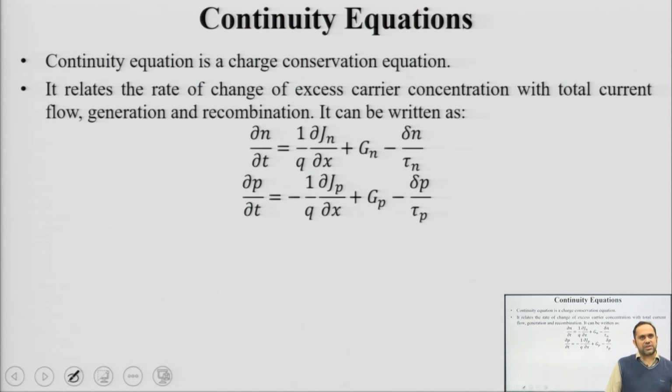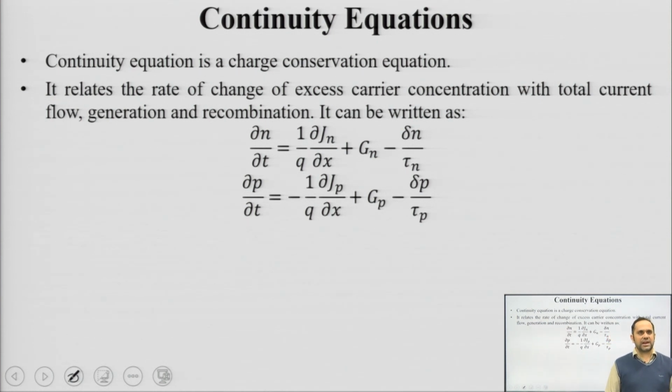The rate at which these excess carriers are generated is equal to how much flux enters a semiconductor minus how much flux of charge exits this semiconductor, plus any generation minus any recombination. So, that is why it is known as an equation of charge conservation.